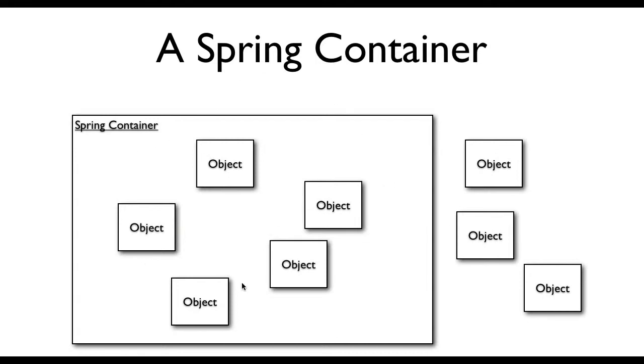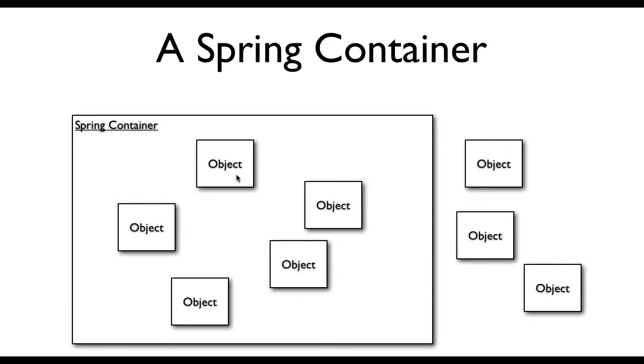But the point here is that we are implementing Spring in order for Spring to manage our object lifecycle. Say I have this object here, and I want Spring to manage the lifecycle. It's obvious that Spring needs to have a handle on this object. It needs to know what that object is and where it is.